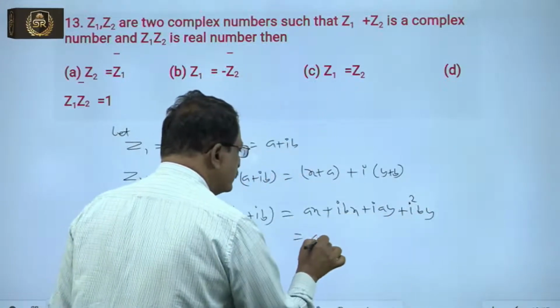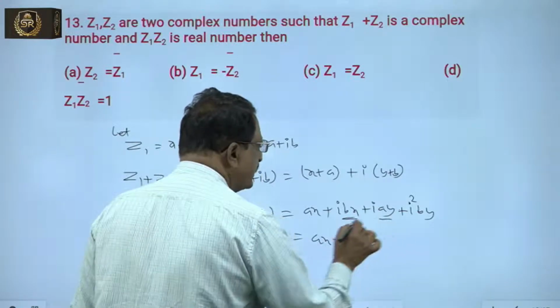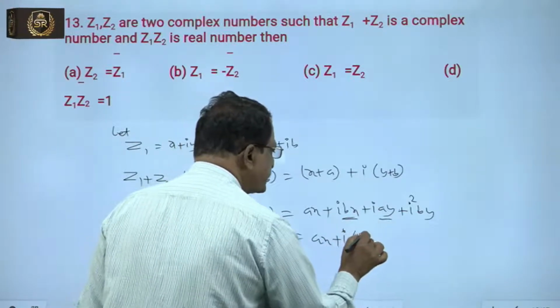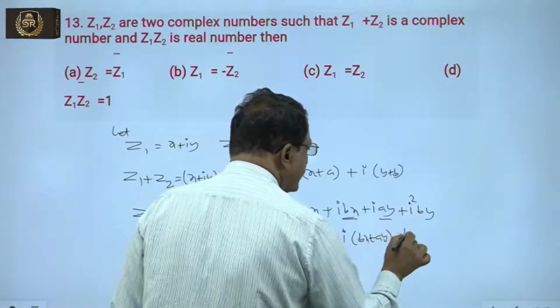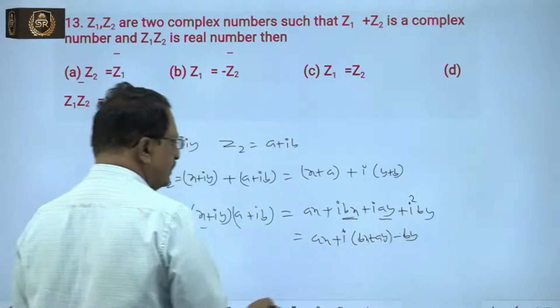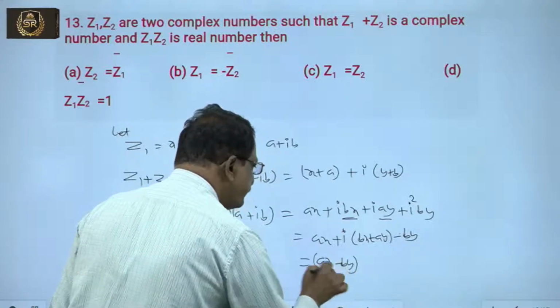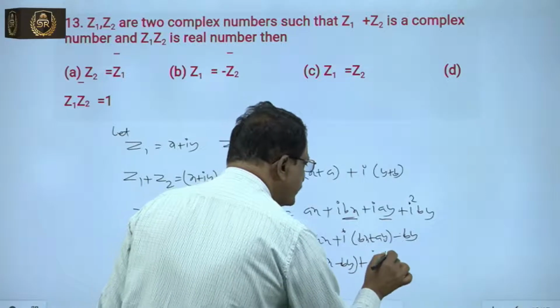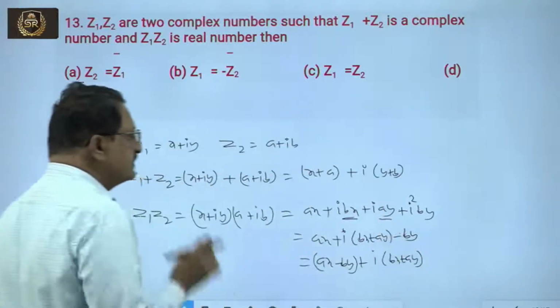That equals ax plus, in these two terms taking I common, I of bx plus ay, but I square is minus 1, minus by. That equals ax minus by plus I of bx plus ay.